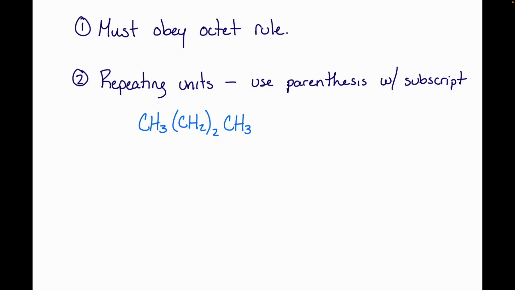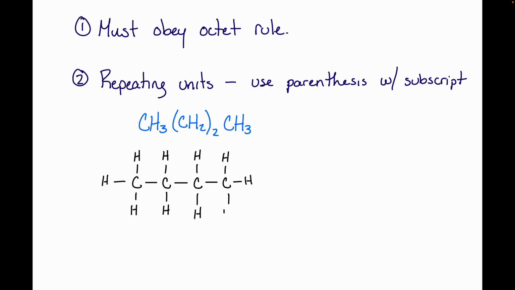So if I'm going to draw this out here, this would be C, H, H, H, my CH3. Then I move on to the next carbon. Boom, boom. Move on to the next carbon. Boom, boom. I got 2 of those CH2s in the middle, followed by that last one.